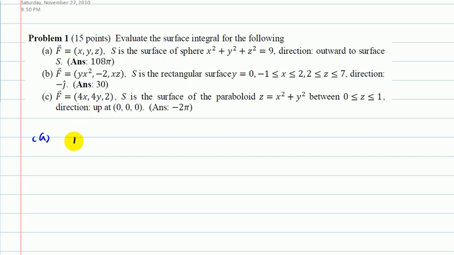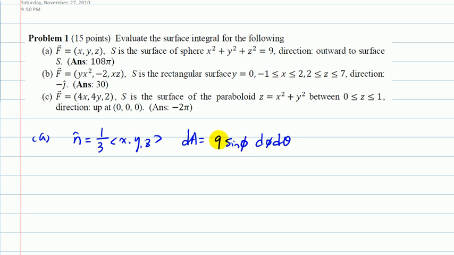And n hat, because it's a spherical coordinate, will be 1 over the radius times x, y, z. The dA, you set it up according to d phi and d theta, and fill out the blank here, which is r squared sine phi.